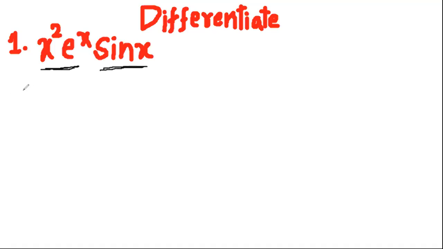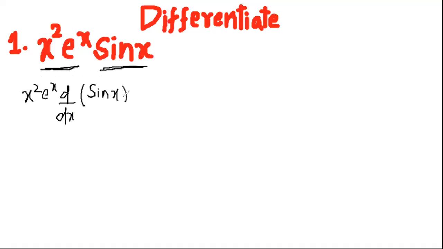So we know that in product rule what we do, we leave the first term. So you leave x square e to the power x. You have to differentiate what? Sine x. So you can write d by dx of sine x. Now we leave this second term.